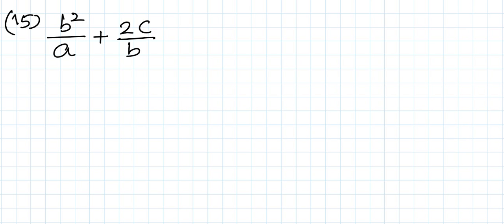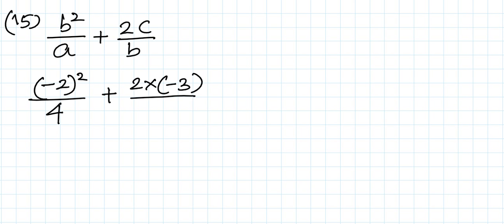Question number 15, that is b square over a plus 2c over b. So b square, again b is equal to minus 2, so (-2) whole square over a, which is 4, plus 2 times c, which is minus 3, over b, which is minus 2.